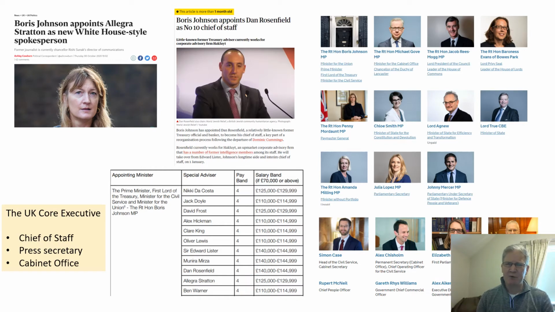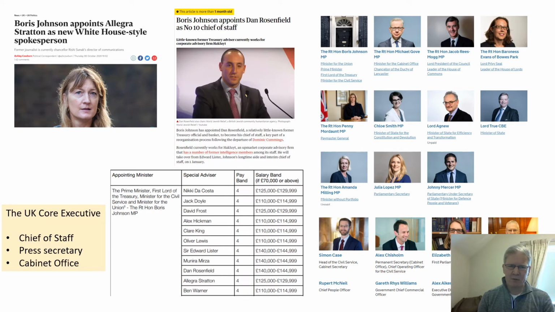If you look at Boris Johnson's administration, there have been some comments that Boris Johnson is following a model similar to the United States by bringing in a press secretary, a White House style spokesperson, by having a number 10 chief of staff, but also the relevance of special advisors through the Cummings period, and also the Cabinet Office, with the power and influence of Michael Gove there in coordinating government policy, both on Brexit and also on COVID.